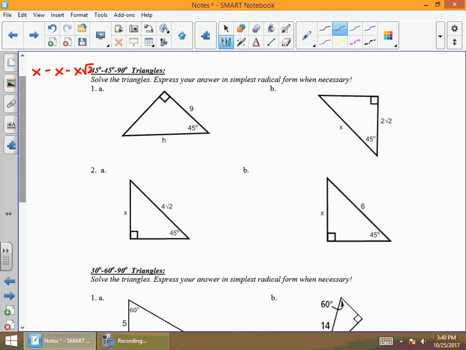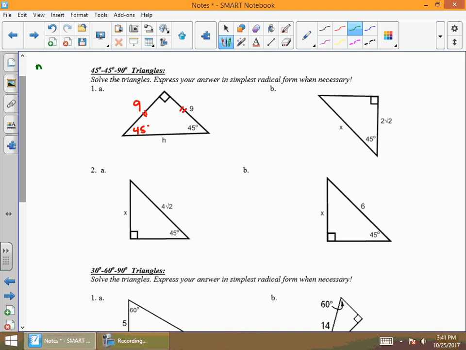All right, which means my triangle, as I look at 1A, the two legs, since it's 45, I know that this one is 45, so this is an isosceles triangle. Now it doesn't ask for it, but I know that this is 9. If I were to look at this as x, x, and x radical 2, and actually for a long time I used the letter m.